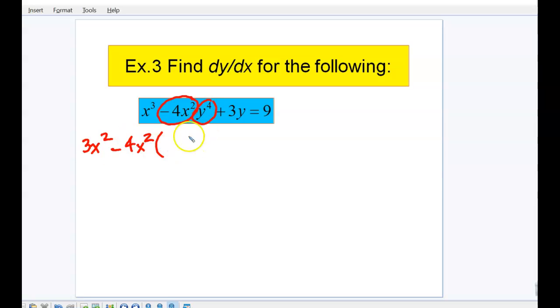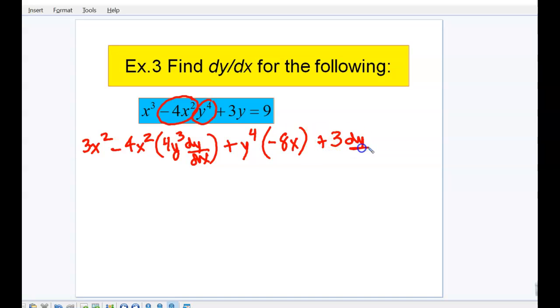times the derivative of y to the fourth, which would be 4y cubed, times dy dx, plus the second function, times the derivative of the first, which would be negative 8x. And then the derivative of 3y would be 3, and then dy dx, and the derivative of 9 is 0.